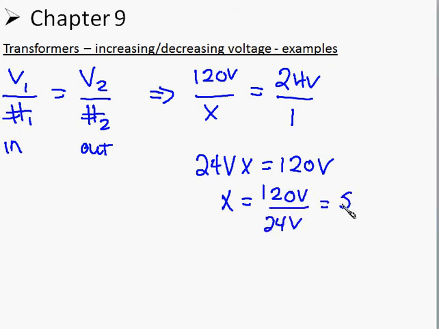And that equals 5, and we know these are just 5 times. So the answer is 5 times as many turns as the secondary coil has. And so you can actually go back and see how we're correct in this, that 120 over 5 is the same as 24 over 1.